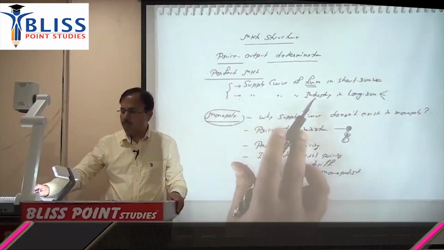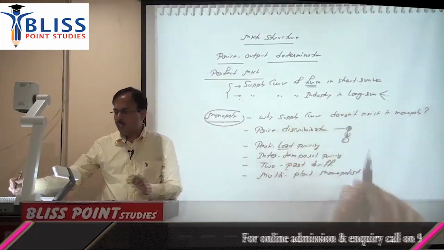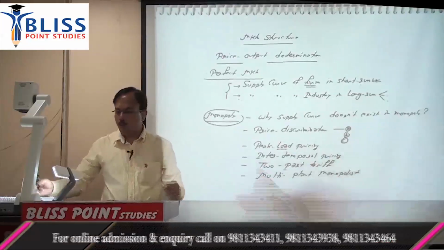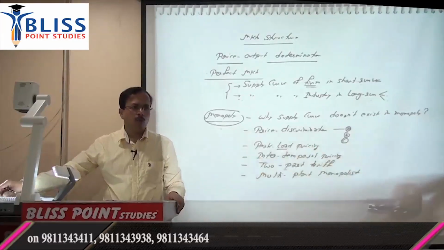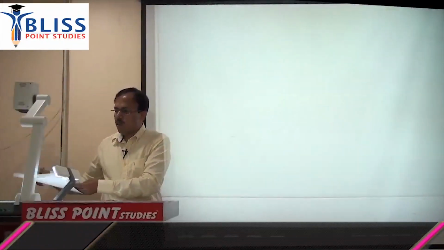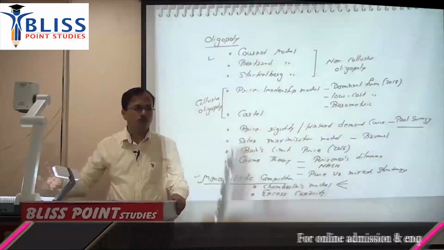So you will be covering this industry supply curve in long run, and then we will directly move to oligopoly first, and after oligopoly, monopoly, and then monopolistic. Because the oligopoly topic is important on the basis of priority too, and in oligopoly the content is more.